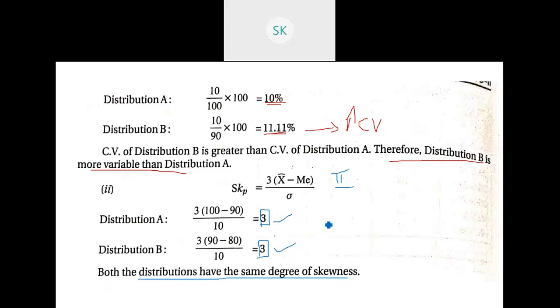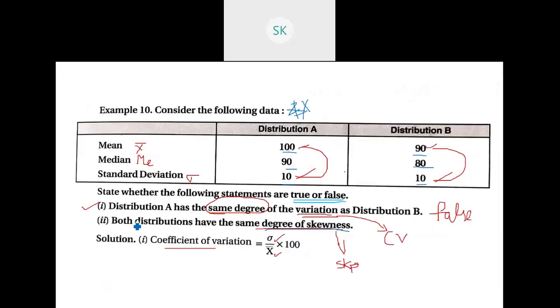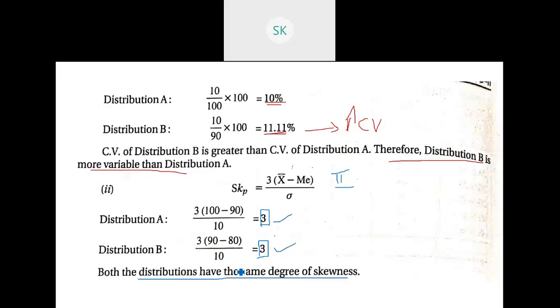So let's see what the second statement was. Both distributions have the same degree of skewness, which means this statement is true. For the first statement, it was false because it was not the same degree, but distribution B was more variable. For the second statement, it is true because we proved that Karl Pearson's coefficient of skewness is the same for both distributions.